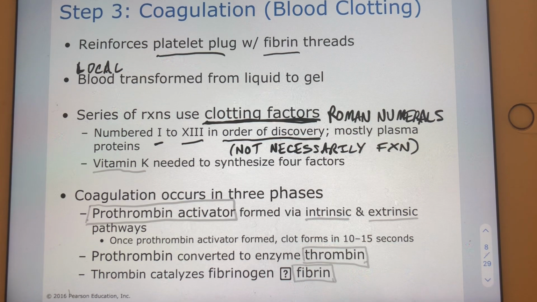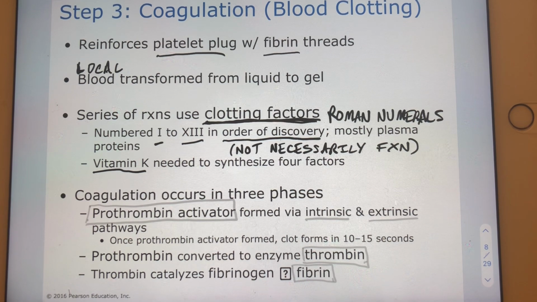At least 4 of the clotting factors require availability of vitamin K in order to be synthesized. So if we have a deficiency in vitamin K, then we're likely to not have a full complement of clotting factors, which could be dangerous.